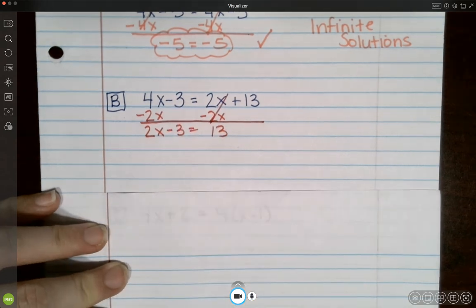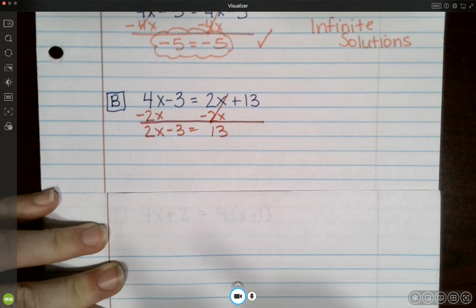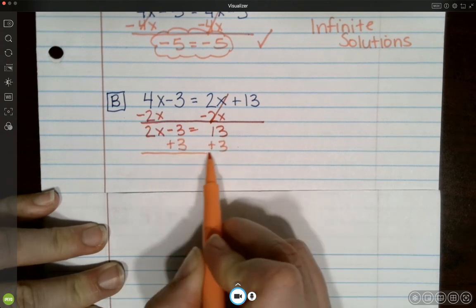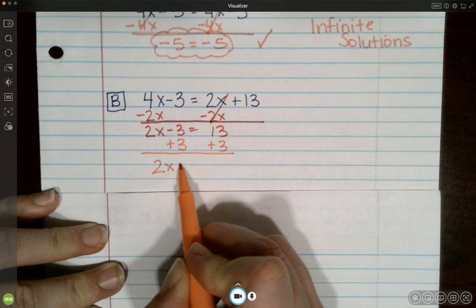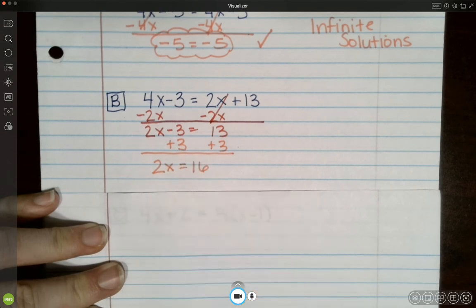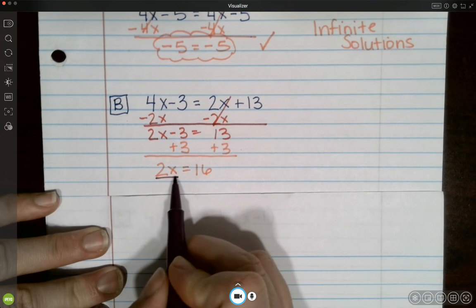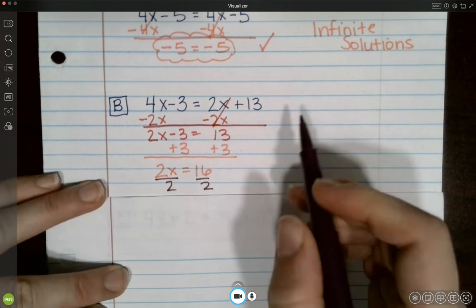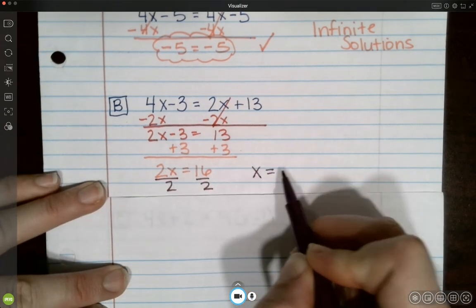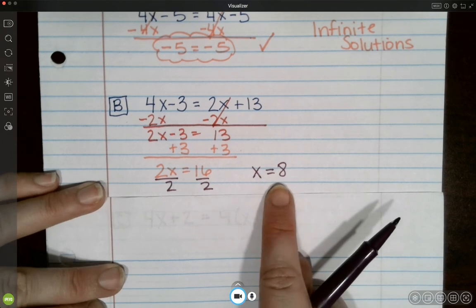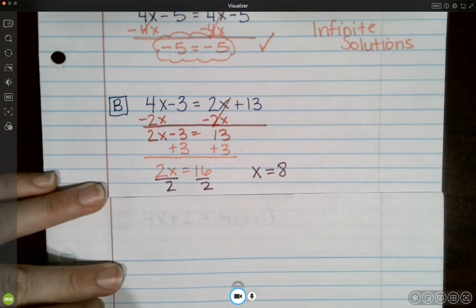We now need to get rid of what's on the side with the variable, so we're going to add 3 to both sides. And so we get 2x equals 16. Then I have to undo the 2 and the x next to each other, so we're going to divide by 2. So we get x equals 8. Can any other number besides 8 make this true?